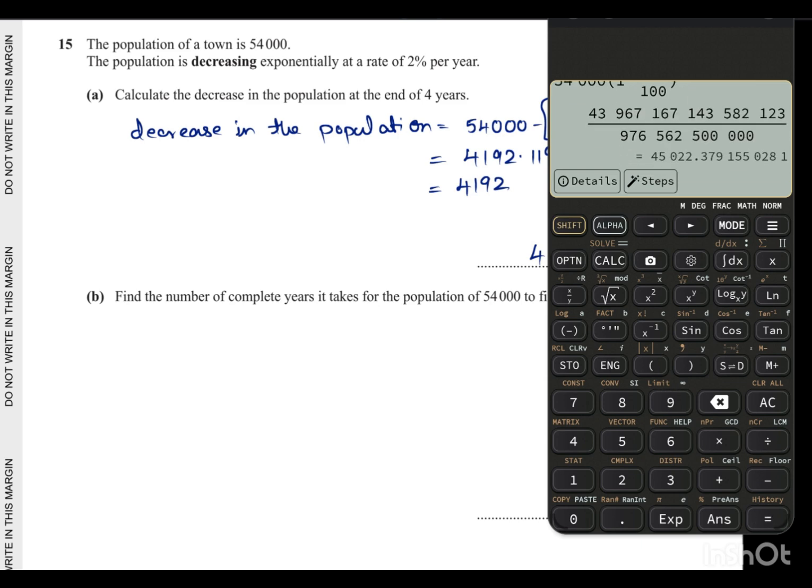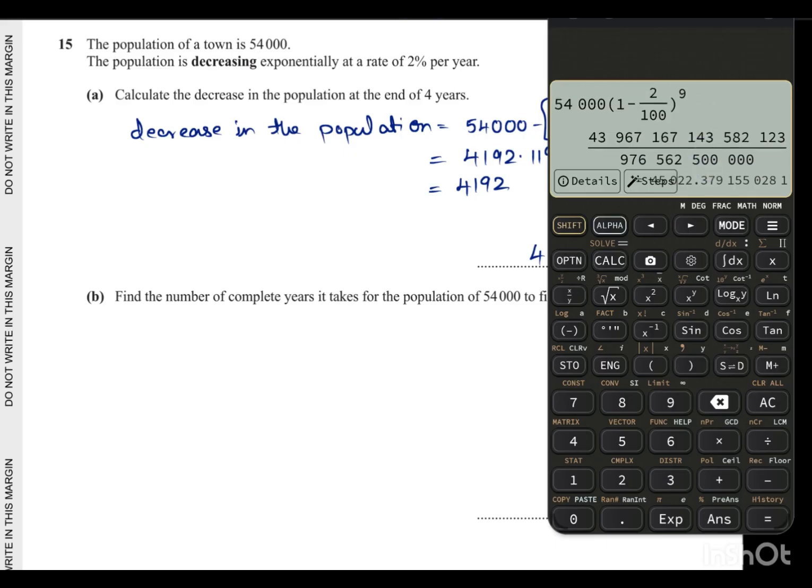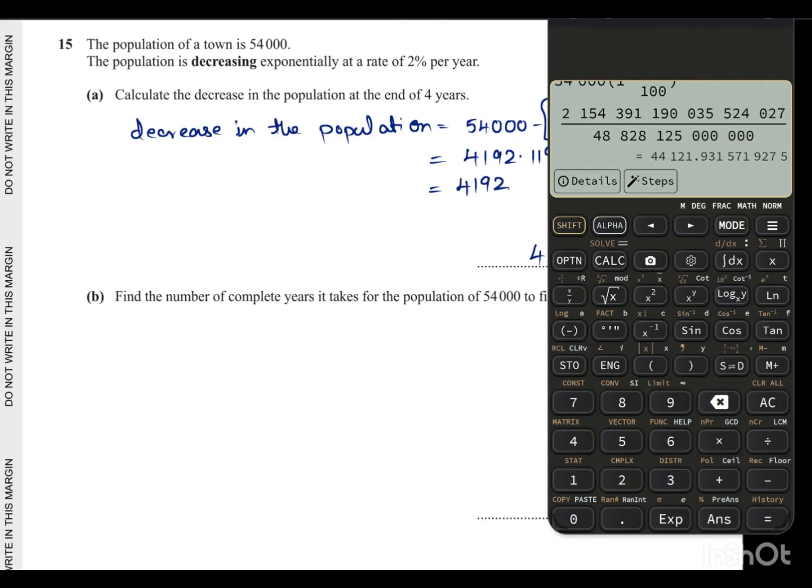Still it is 45,000. Let me change again. 10. 10 is the power, 44,121. It's coming near to it. First fall, that means now after 10 I will not jump the number. I will go to 11. After 10, 11 years.